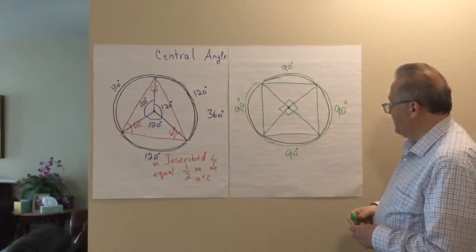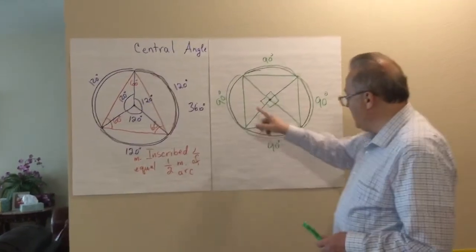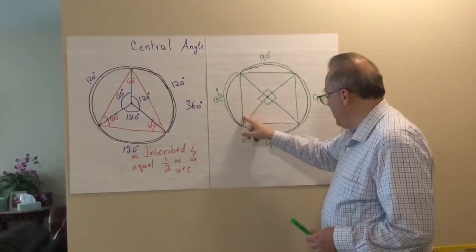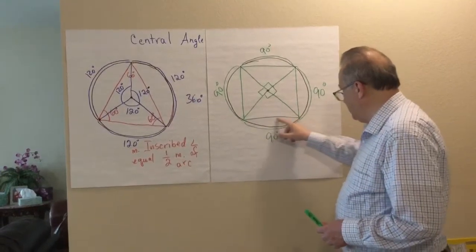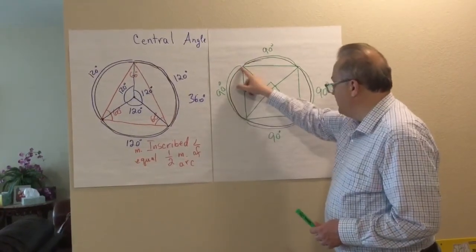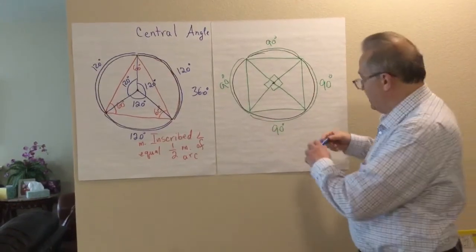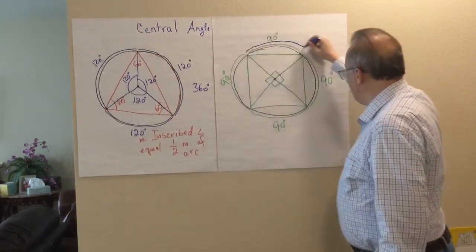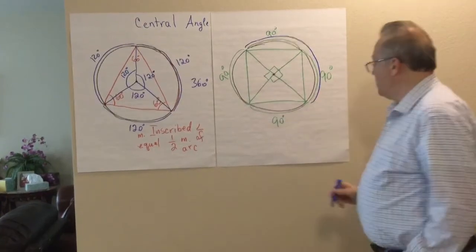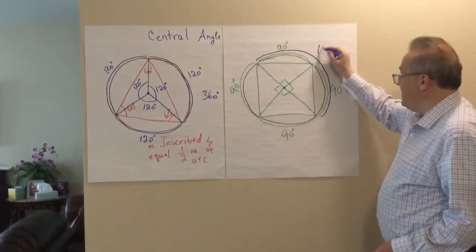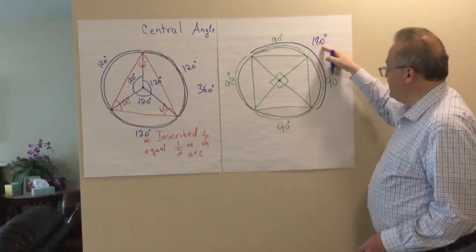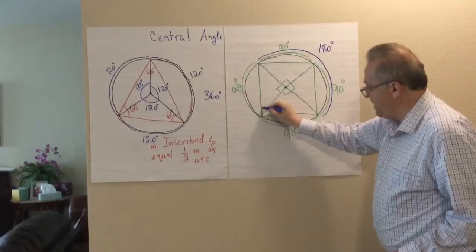But if I want to see how much this angle here is, do you notice that it intercepts the whole arc, which is 180? What do I do with the 180 to get this angle here?